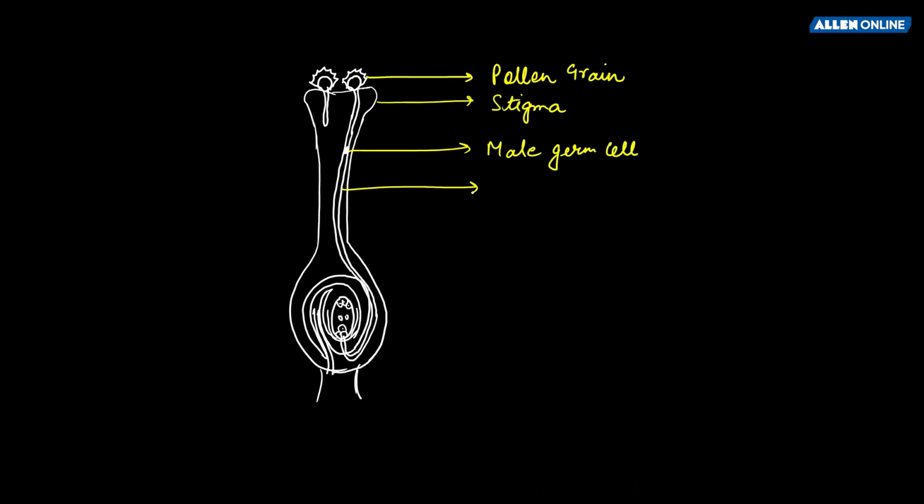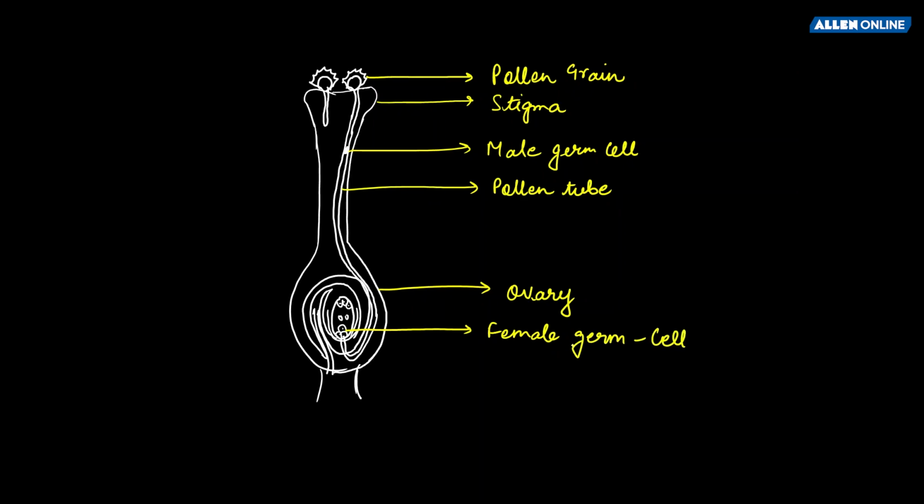Then this is the pollen tube, which is carrying these gametes. The swollen part, that is the ovary, and then the female gamete or the female germ cell.